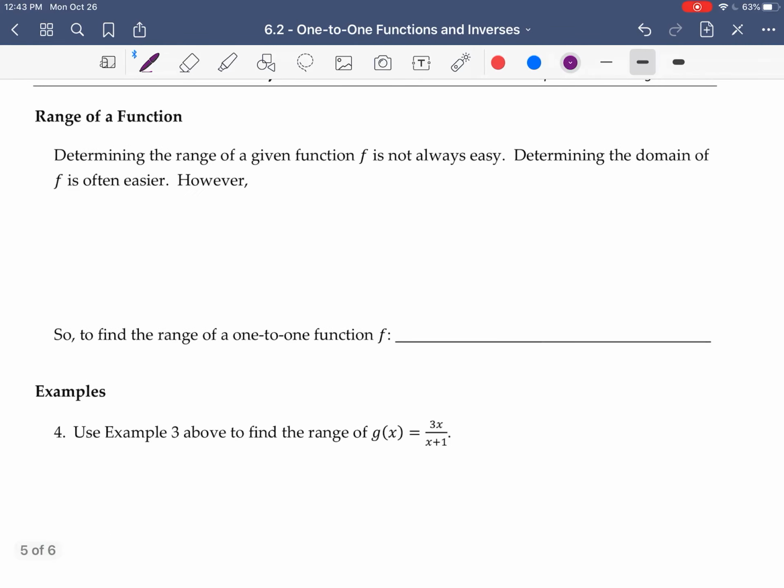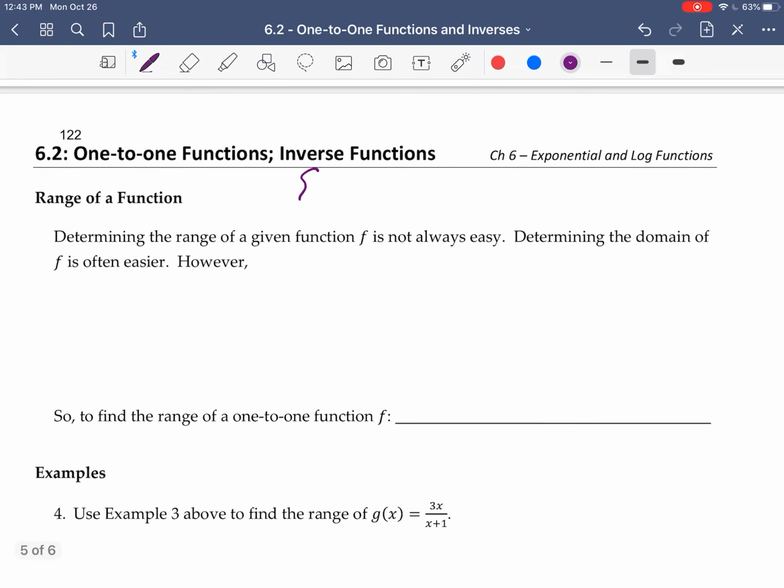Now, the range of a function is often hard to find. Determining the range is not always easy unless you have the graph, but determining the domain is easier. One way you can find the range, remember our picture, maybe I'll draw it again. I have the domain of f and the range of f.